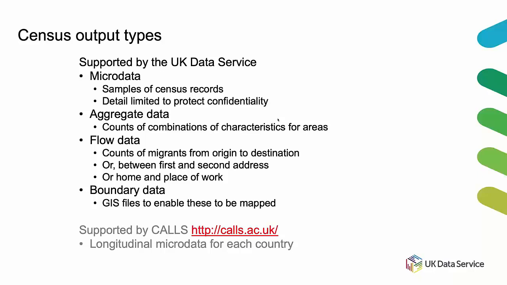We have flow data, which shows flows between one area and another and the characteristics of the people who are in the flow. And we have boundary data, which allows you to map the other census data. What we don't have are data which is longitudinal, but that is available through the CALLS service. And we'll just go through these different types of data.